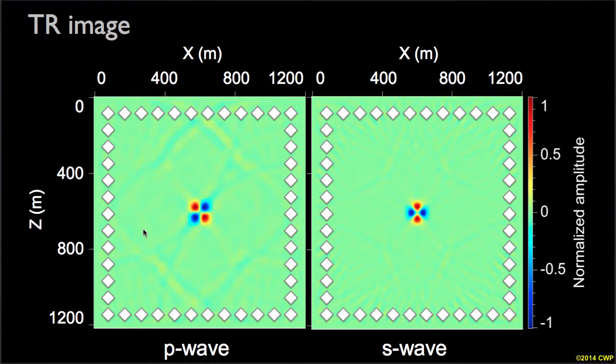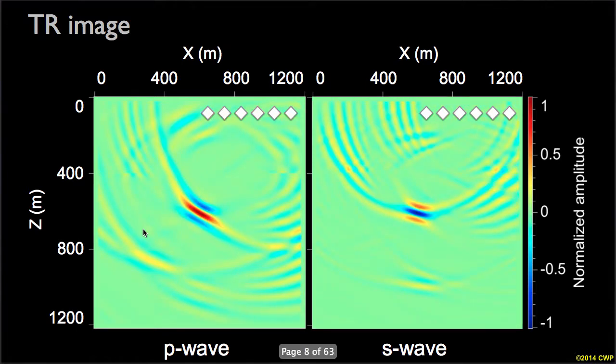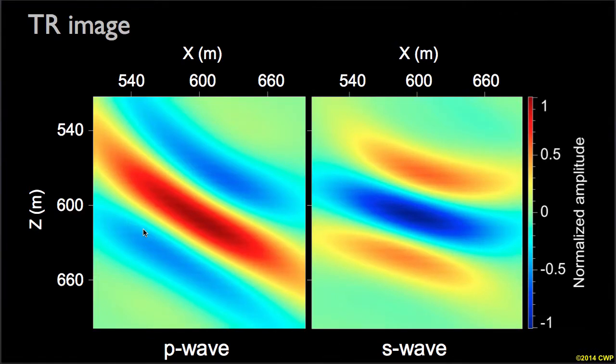However, the situation would be different if we repeat this experiment, this time with incomplete acquisition. For example, if I just keep 6 receivers in the top right and repeat the source imaging experiment, what we would get is something like this. And to see better, I'm going to zoom into this white square and blow up the image. And we see that we have lost the radiation pattern and the lobes.